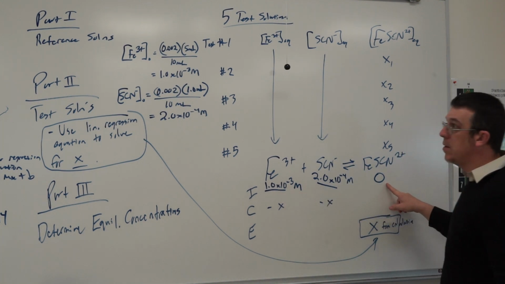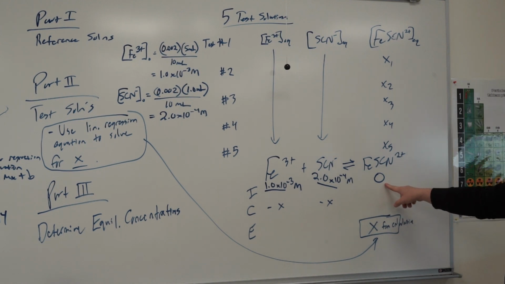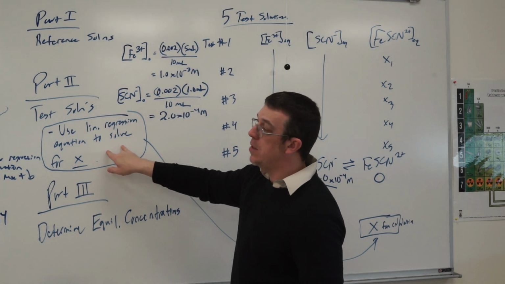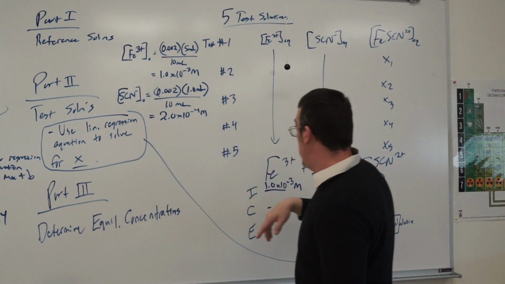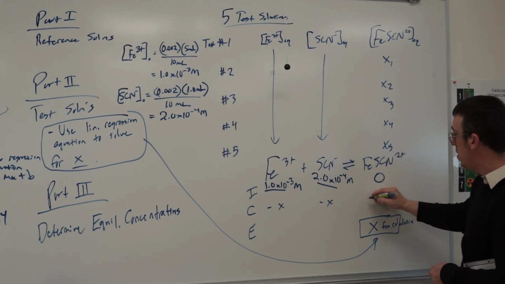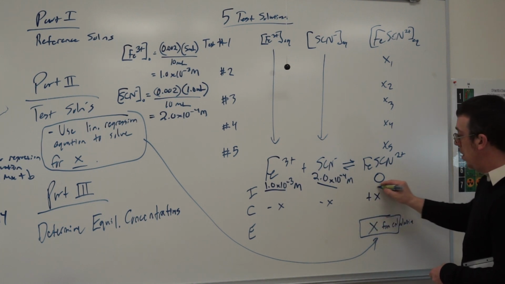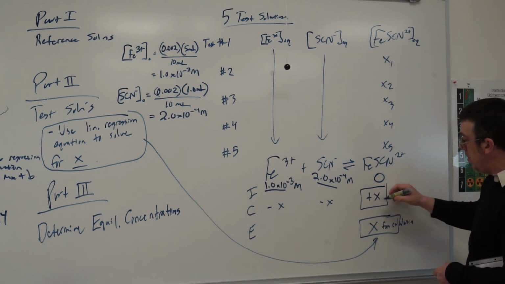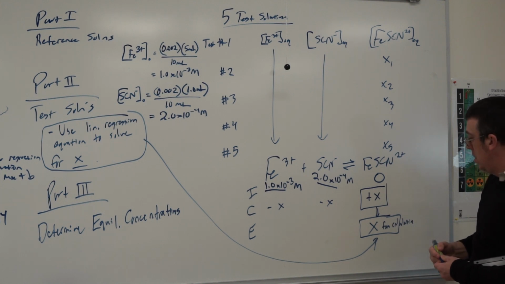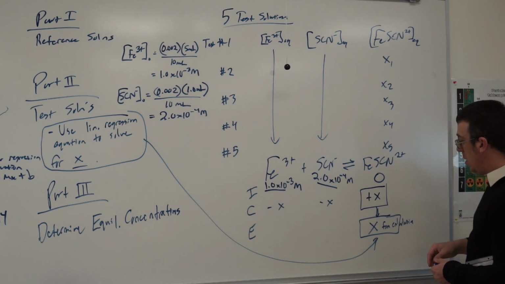We do not know what this is. It's obviously zero initially, but what we do know is that we use the linear regression equation to solve for x. Knowing that this FeSCN plus 2 is a 1-to-1-to-1 ratio, this change, this plus x, is the value that you get from the linear regression equation.